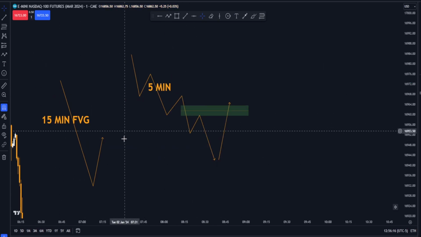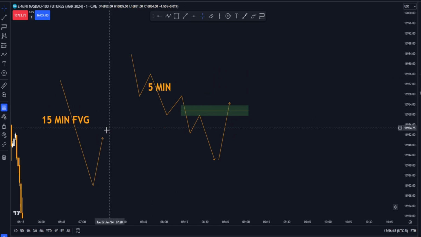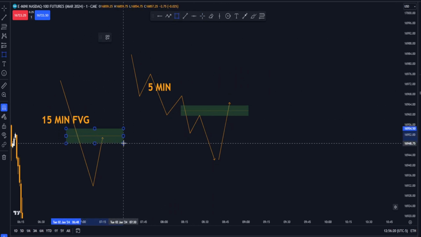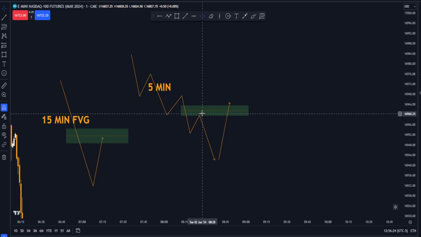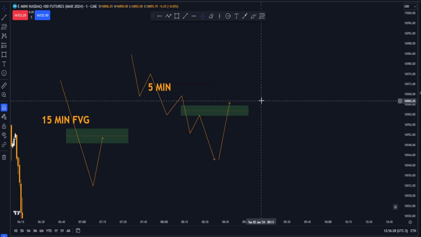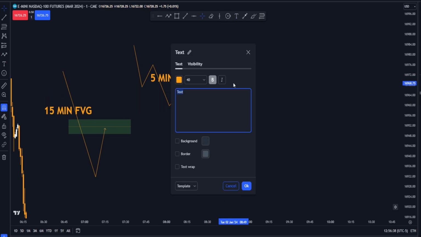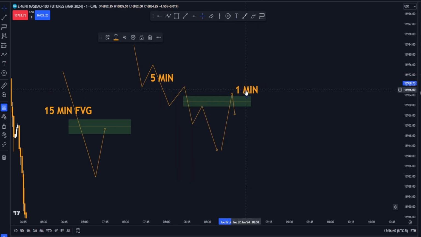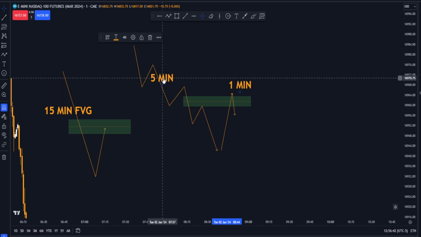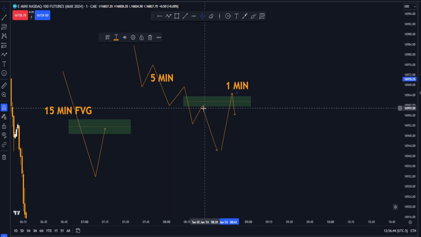I wait for the 15-minute fair value gap to be touched with this swing high being taken out on the 5-minute, and then I wait for the price to go down on an even lower time frame, so on the 1-minute. So right here I go to the 1-minute. You can see that we started from 15-minute to 5-minute and then 1-minute.